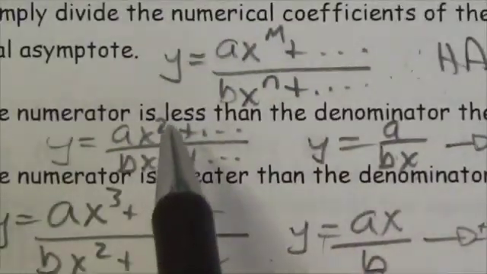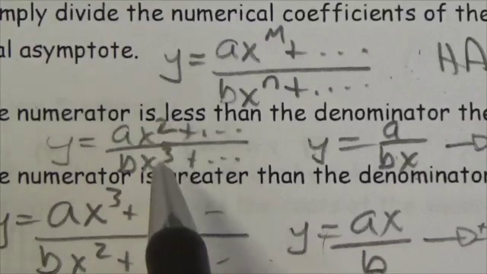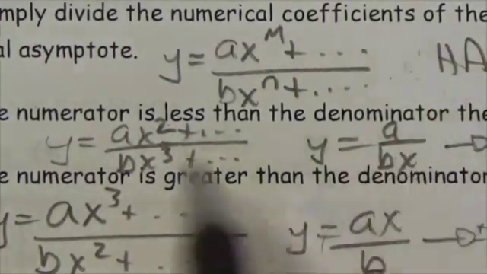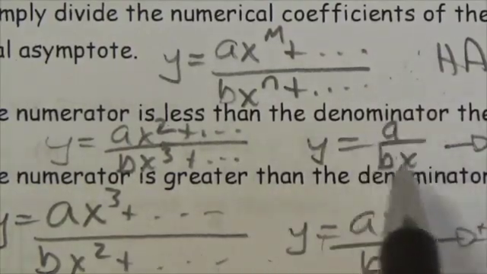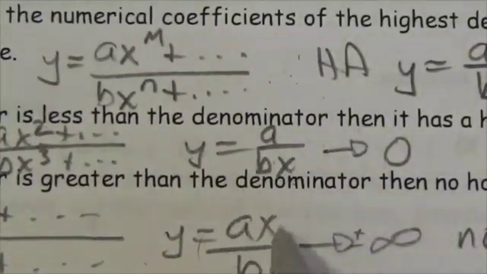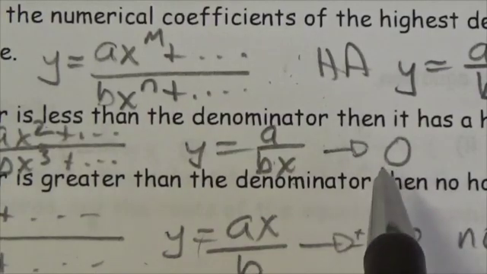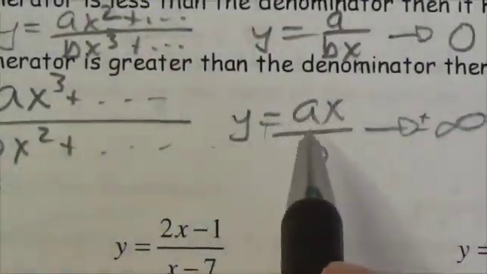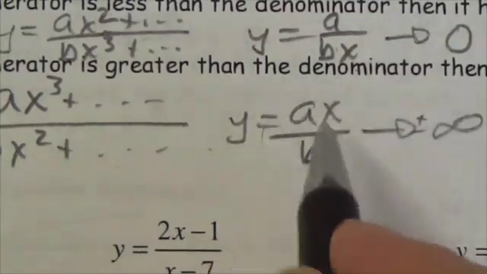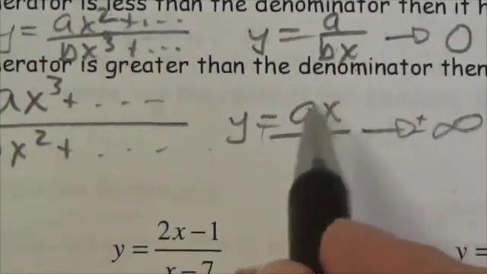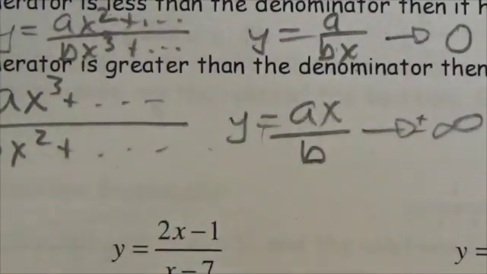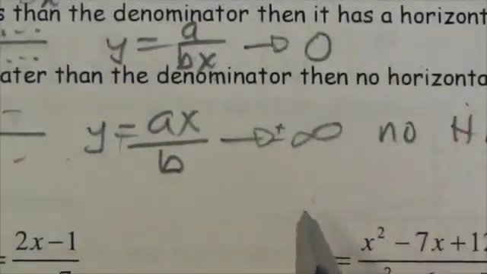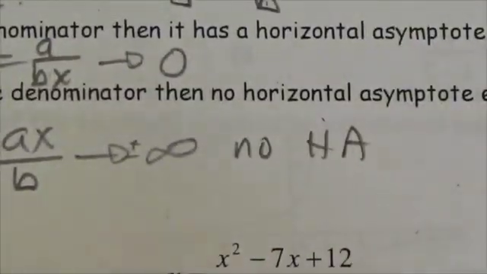If you've got a smaller degree in the numerator and a larger degree in the denominator, then when everything else disappears and you're just left with the important stuff, that x in the denominator is going to force this whole thing to go to 0. And if the larger degree is in the numerator, this whole thing is going to look like this at the end, and that numerator is going to determine the direction, either bigger in the positive direction or bigger in the negative direction. No horizontal asymptote.